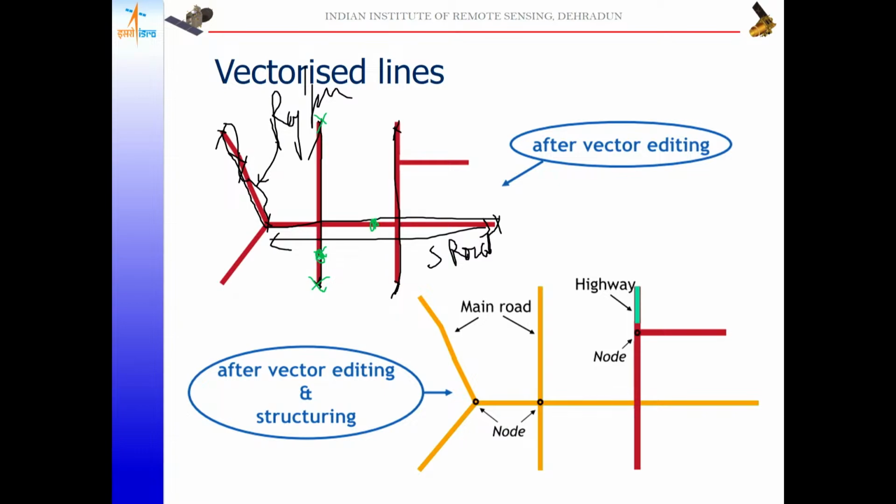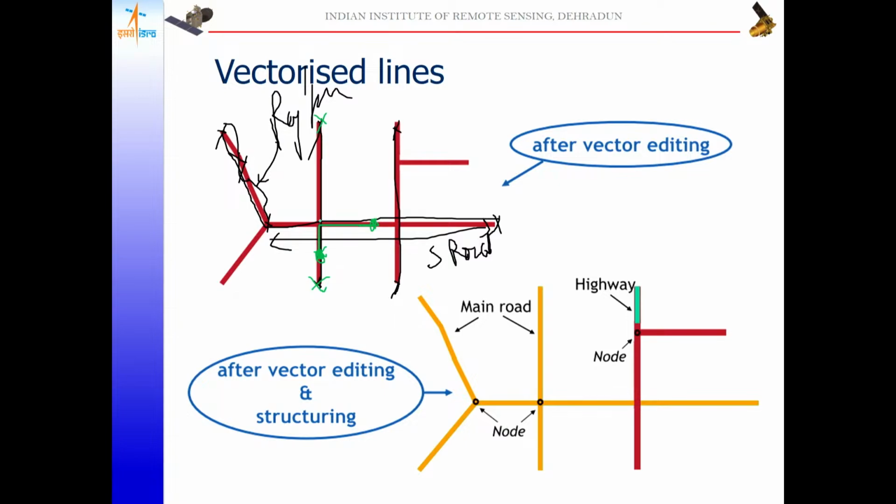It appears the shortest route is this one, but the software will not give you this as the shortest route. How do you know this is the shortest route? This can be the shortest route only if there is a junction present here. Then I can move from here to here, take a right turn and reach this. If there is no junction present here, you cannot take the turn.